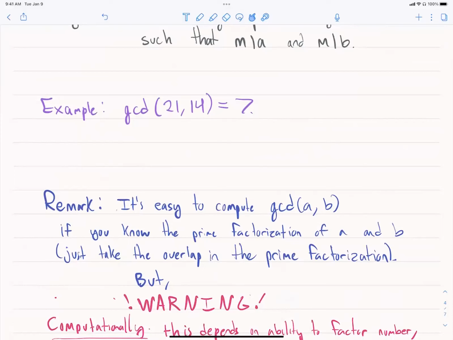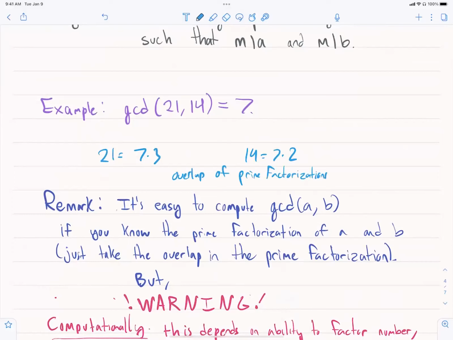You just take the overlap. 21 is 7 times 3, 14 is 7 times 2, and the overlap of the prime factorizations is just 7. So that's one way we computed GCDs back in elementary school.